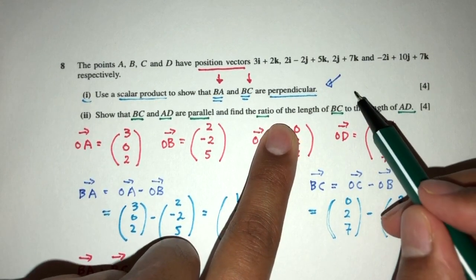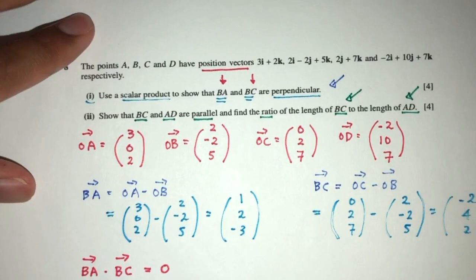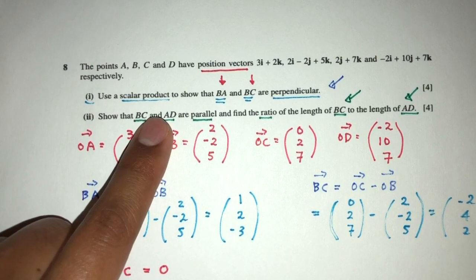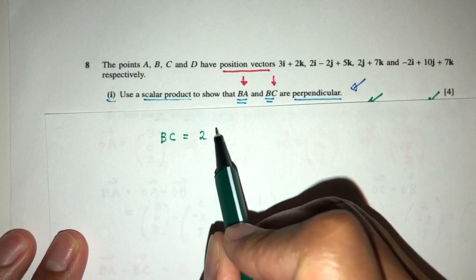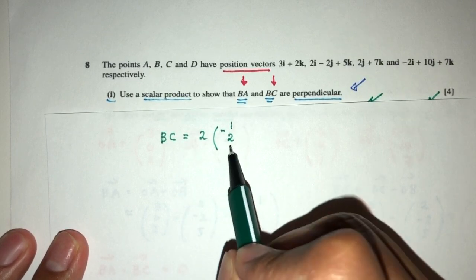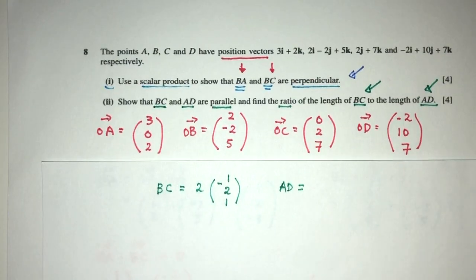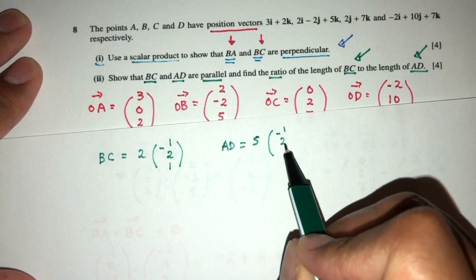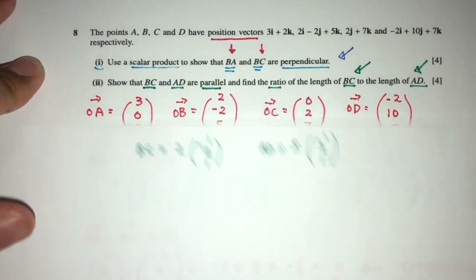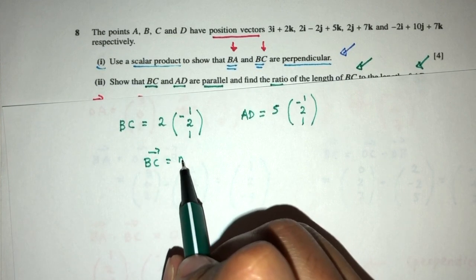Now for part 2 of the question, we have to find the ratio of the length of BC and AD. We have 2 ways of doing that. Let's use the easiest way first. From part 1, BC was equal to 2 times minus 1, 2, 1, and AD was found to be 5 times minus 1, 2, 1. We showed that BC is a multiple of AD.